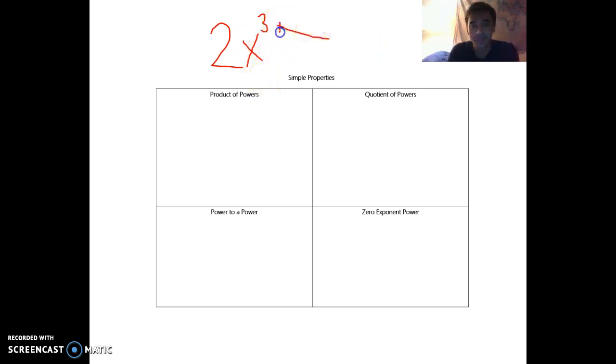What is this 3 called? Hopefully you just whispered to yourself. Exponent. Right here, what is this friend called? Think to yourself. It's a variable, also known as our base.